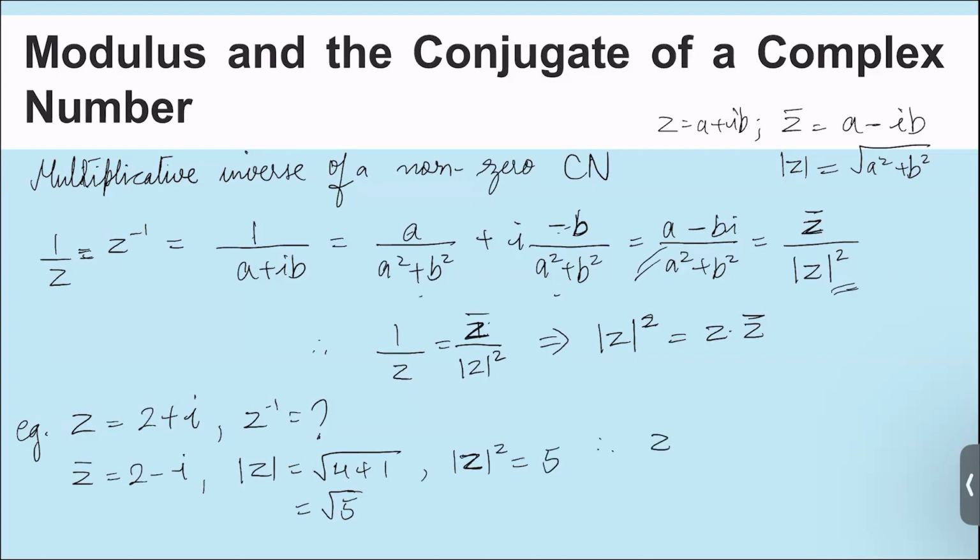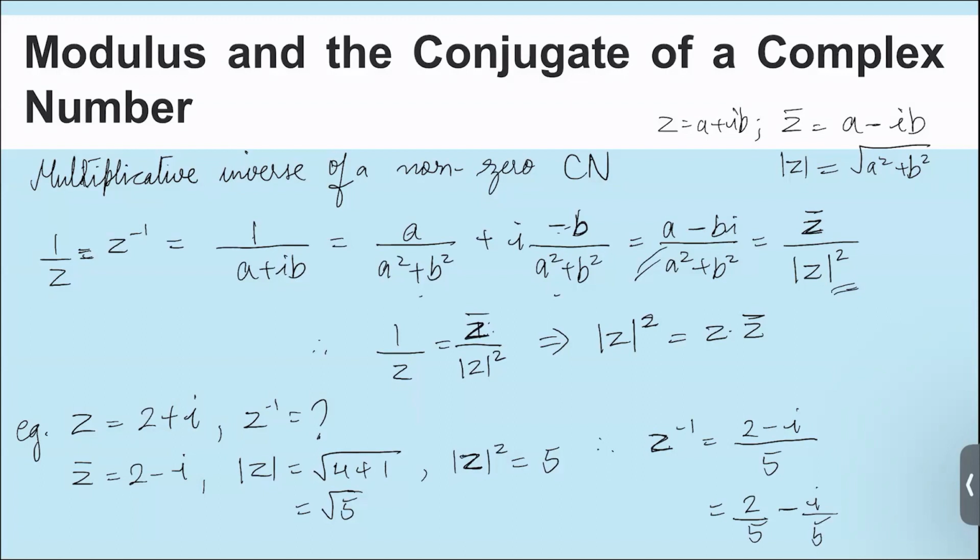Therefore, z inverse is the conjugate of z upon the square of the modulus. So your conjugate is 2 minus i upon 5. So this is actually 2 by 5 minus i by 5.